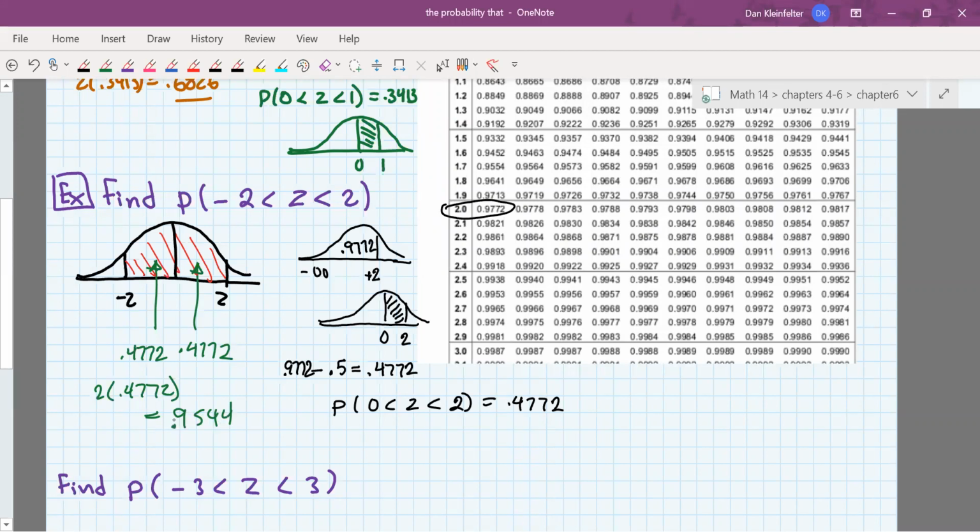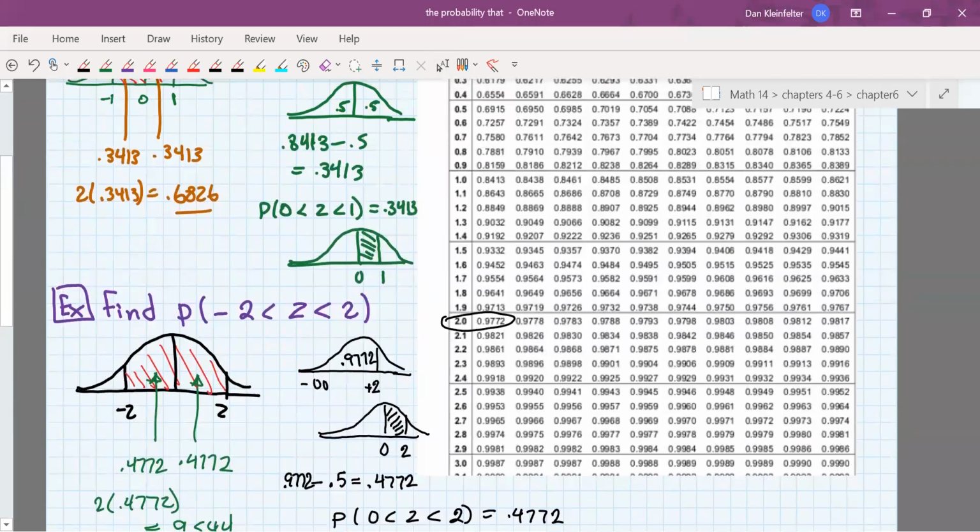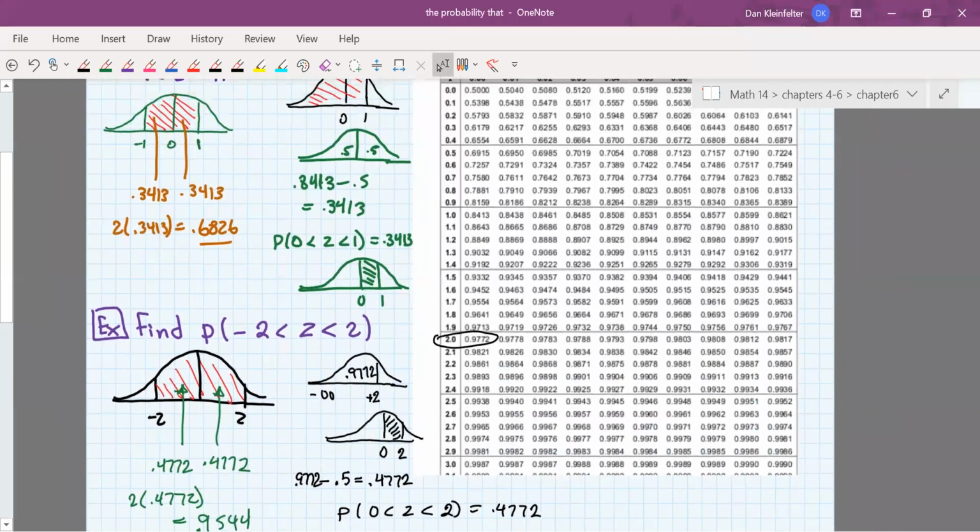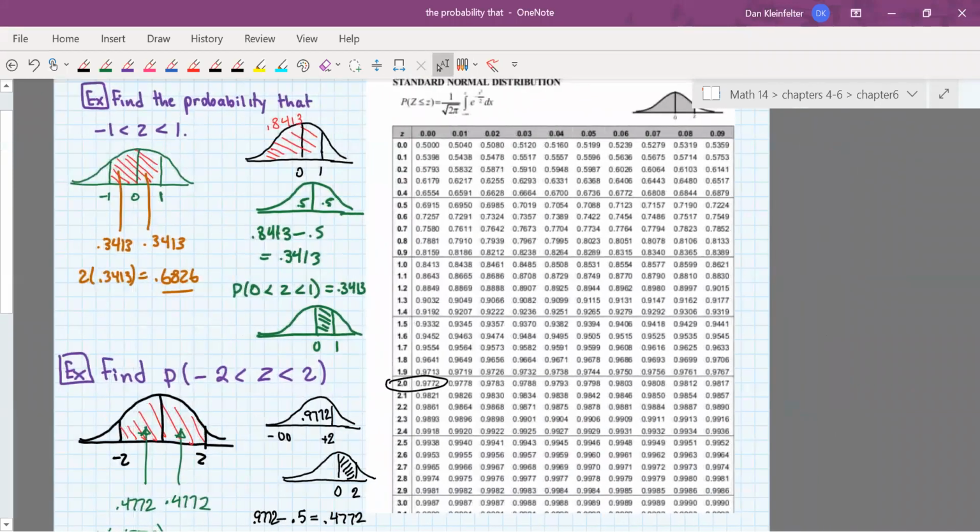All right. So by now you've probably figured out what's going on. In the first example on this page, we saw that about 0.6826 was the probability of getting a value within one standard deviation of the mean.